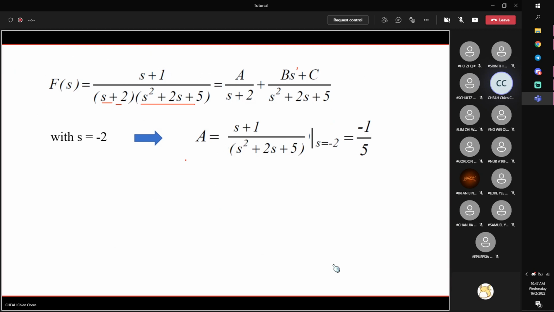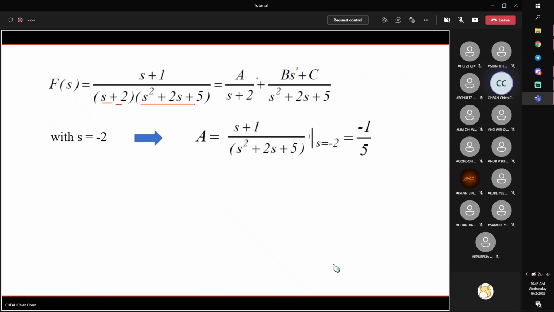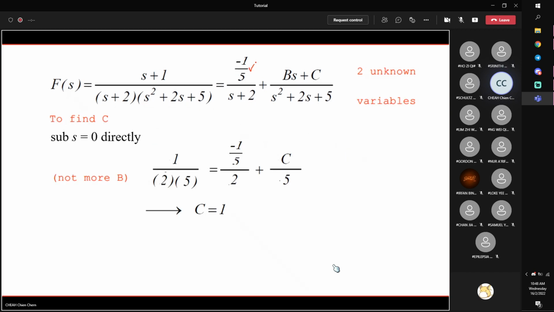But for the second terms, b and c, you can't do that anymore, because you can't make this equal to 0. But it's okay because we have found a, -1/5, so this is known, which means that there are only two unknowns.